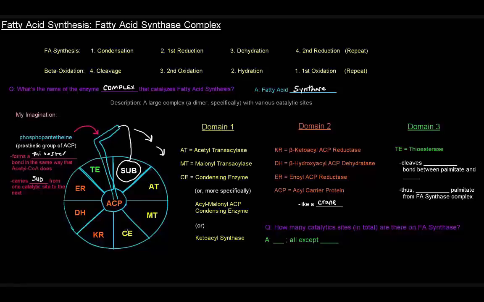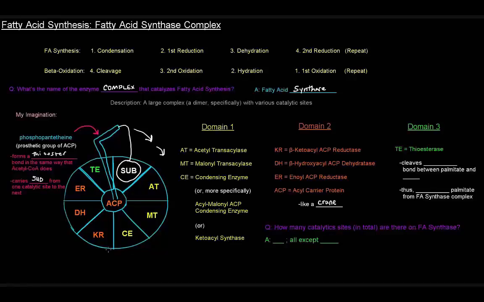The condensing enzyme is what actually links the acetyl group and the malonyl group. It's called acyl-malonyl ACP condensing enzyme because it connects the acyl group to the incoming malonyl group to make a ketoacyl structure, which is called ketoacyl ACP. So the condensing enzyme is also called ketoacyl synthase for that reason.